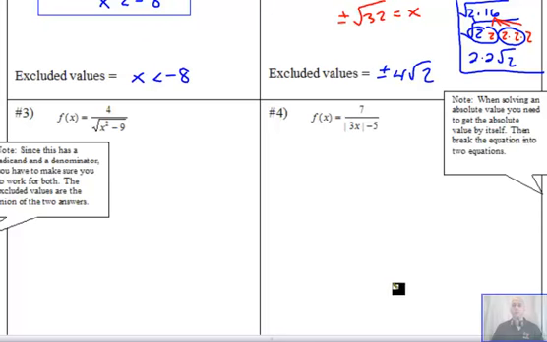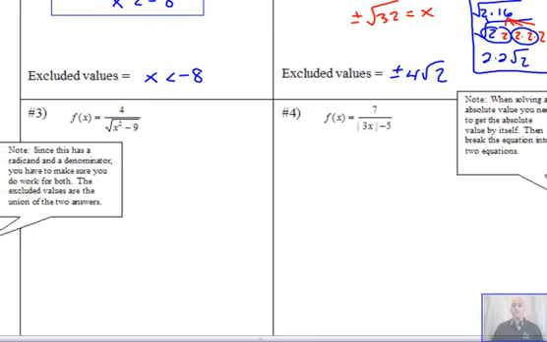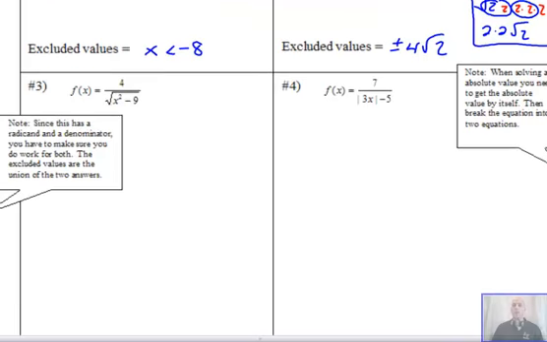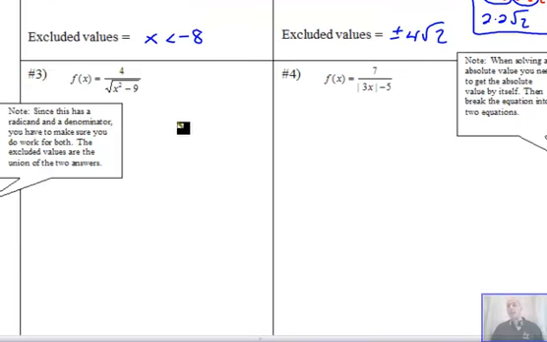Number 3, we got to do a lot of work here because we have a fraction with a variable on the bottom. We also have an even root radical. So we're going to have to do the work that we did for 1 and 2 all together here.